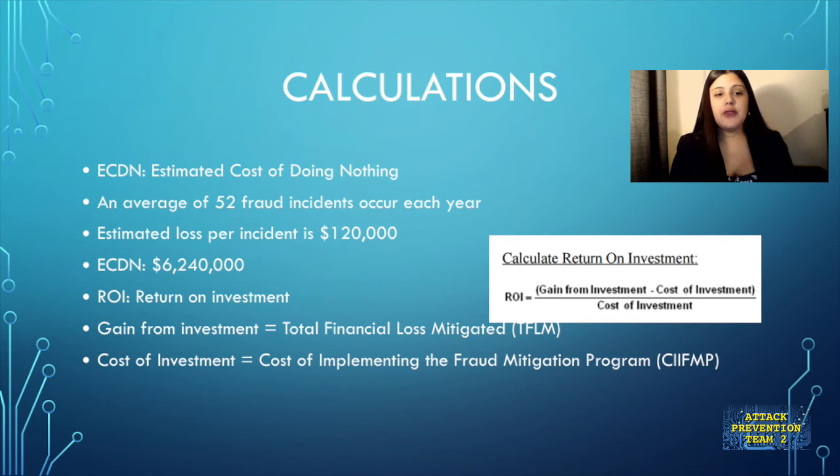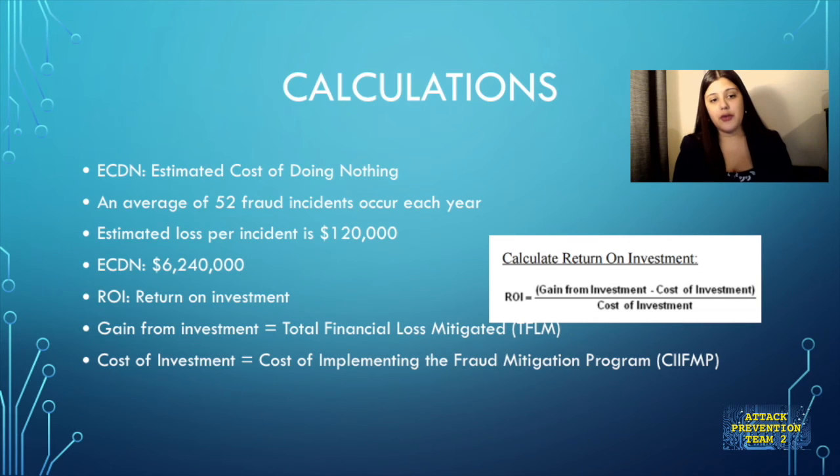On average, there are 52 fraudulent activities happening per year. For every incident, the company loses about $120,000 per year, which means that the estimated cost of doing nothing is $6,240,000.